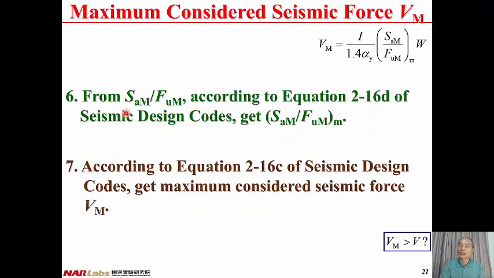From the ratio of SAM to FUM, according to equation 2-16D of the Seismic Design Code, we can get the modification of the ratio, that's SAM divided by FUM modification.